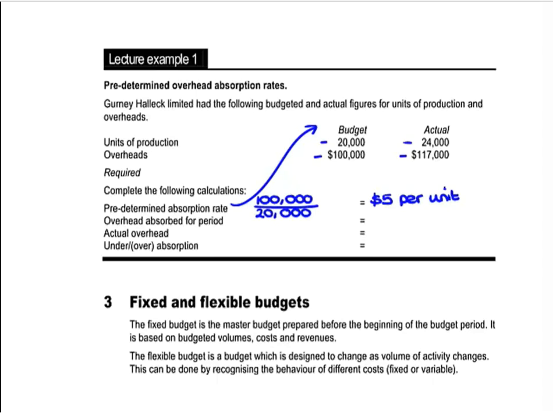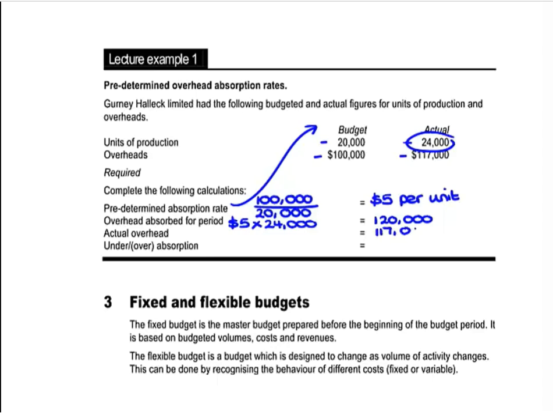The amount of overhead absorbed for the period then will be taking that OAR of $5 per unit and multiplying it by actual production. So for every single unit that was manufactured, there will be $5 allocated to the income statement. So we're going to end up with $120,000 in our income statement.